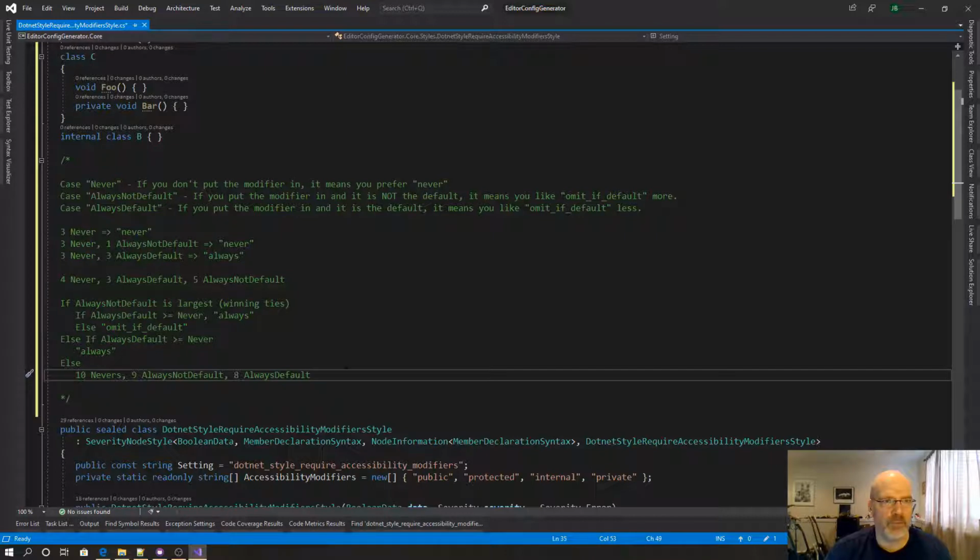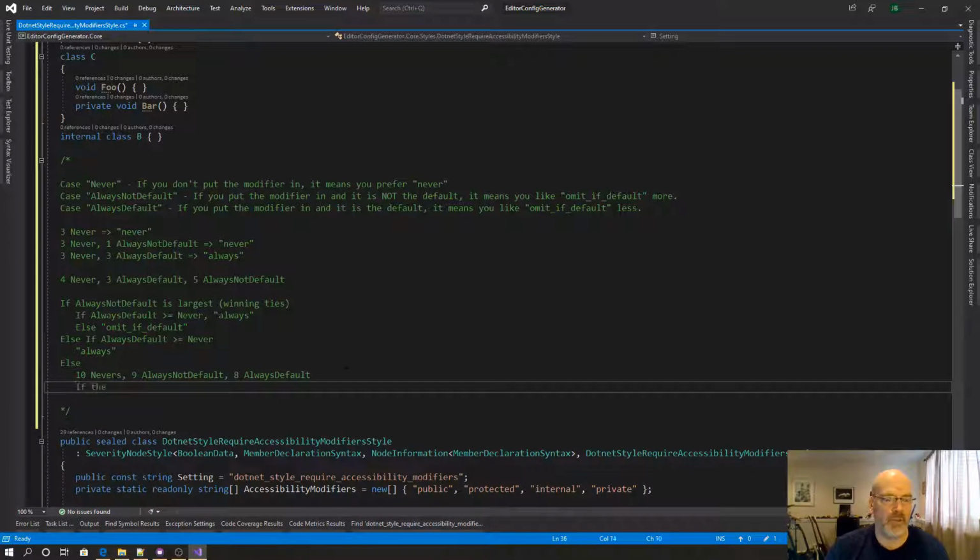So in this case, what you're saying is, well, yes, it seems like nevers are winning. But you did also say, like the sum of the other two are greater.